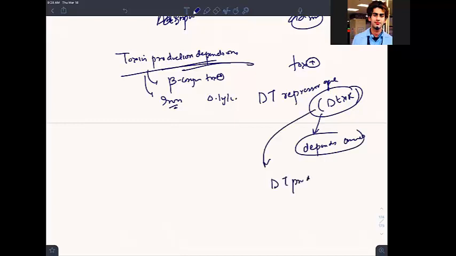So if I have to do any mischief with this bacteria, I should play with this gene. It is responsible for iron uptake.